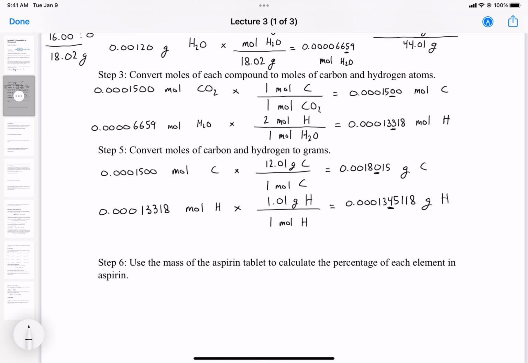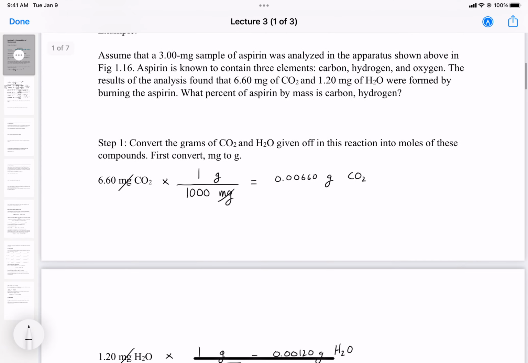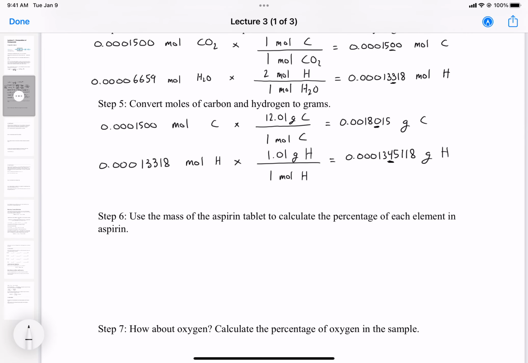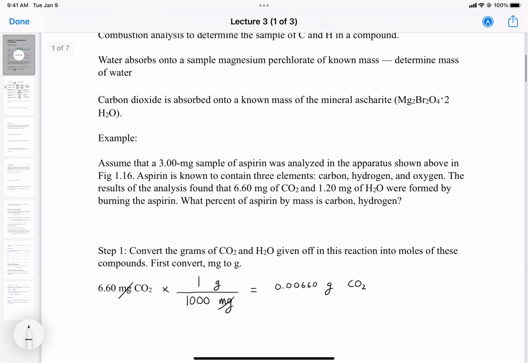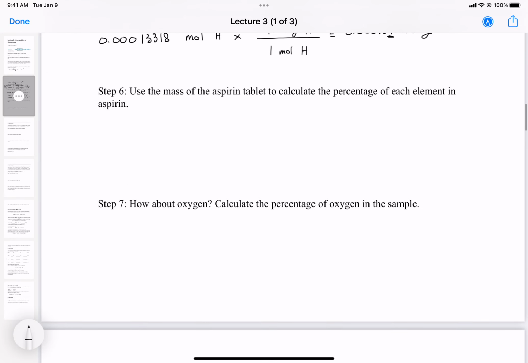So since the mass of aspirin is in milligrams, we will have to convert the mass of aspirin to grams. So we know it's a 3 milligram sample. So we're going to write 3.00 milligram aspirin.